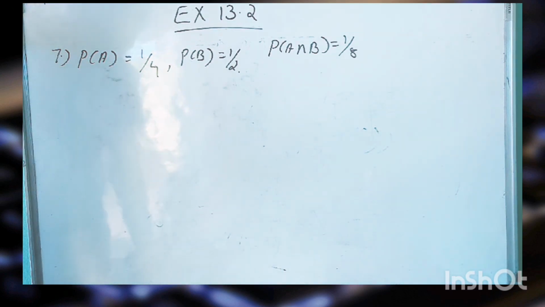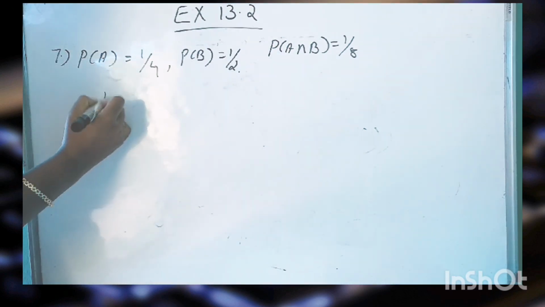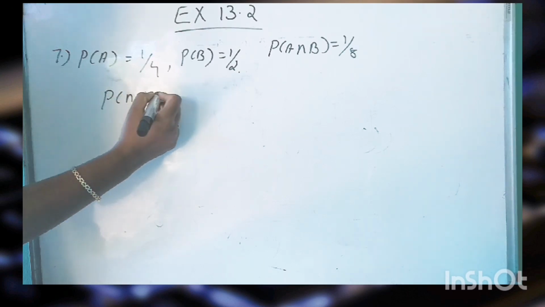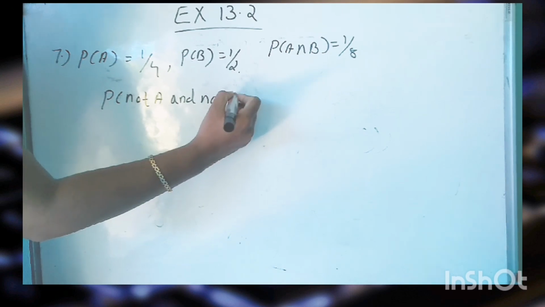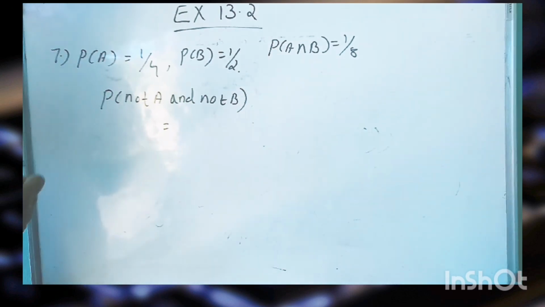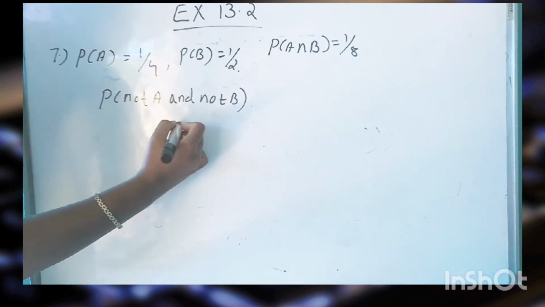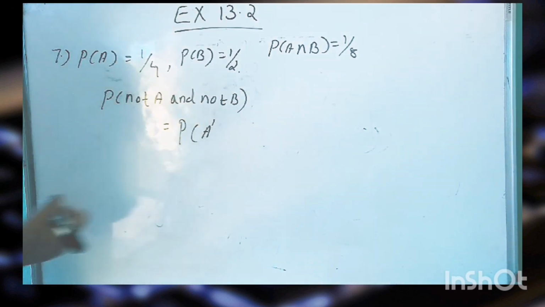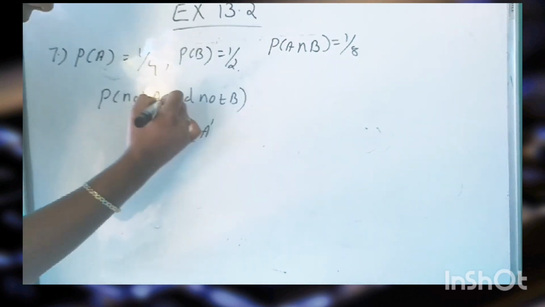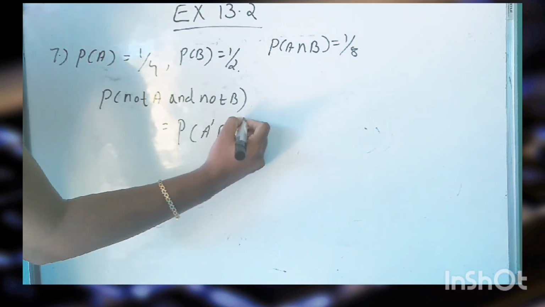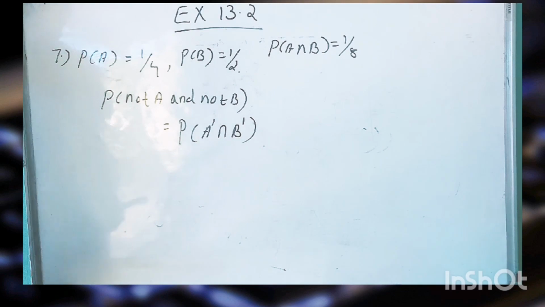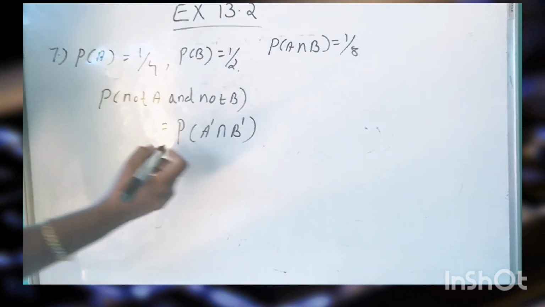Now we need to find P of not A and not B. Not A means A complement, and not B means B complement. P of A complement intersection B complement we need to find.